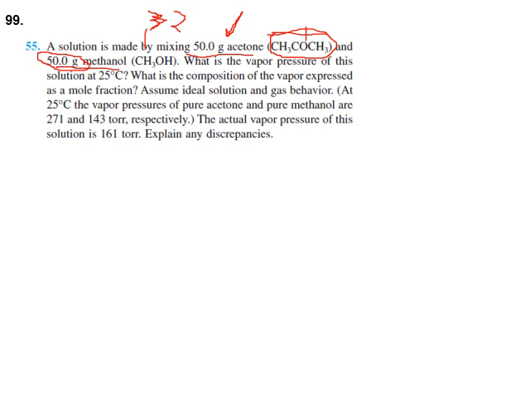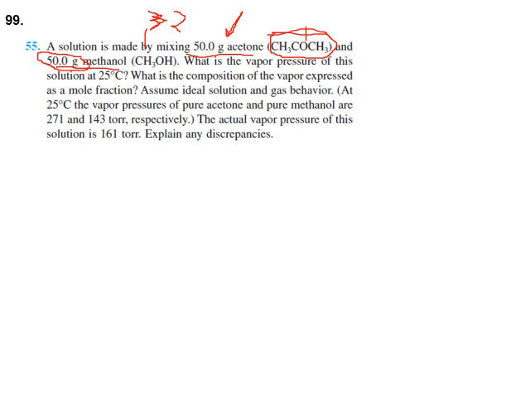So we're going to have to first find the number of moles of acetone, find the number of moles of methanol, and then add them together to get the total number of moles. The number of moles of acetone divided by the total will be the mole fraction of acetone. The number of moles of methanol divided by the total number of moles will be the mole fraction for methanol.